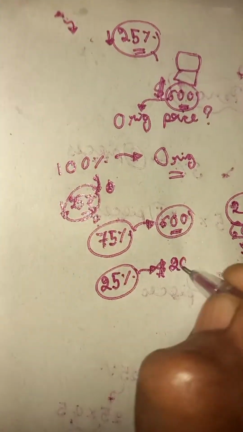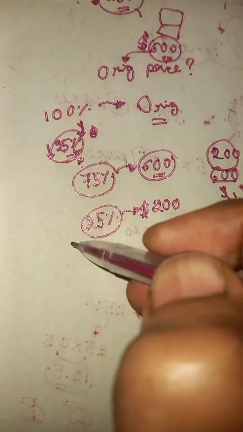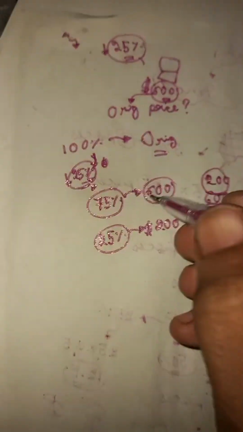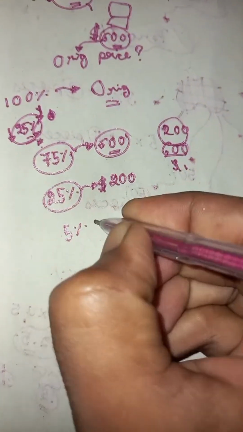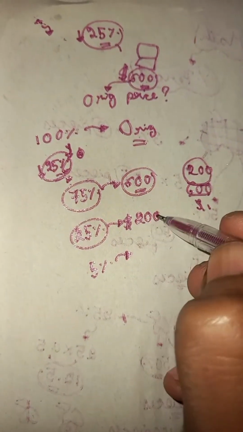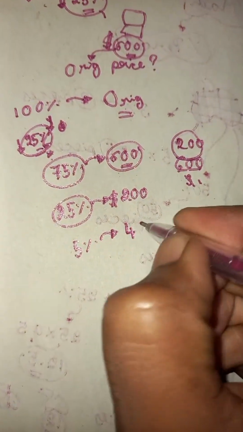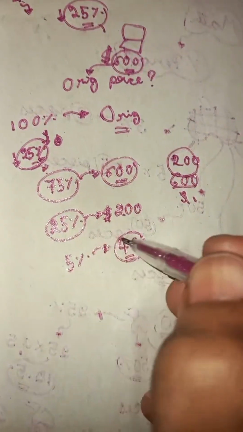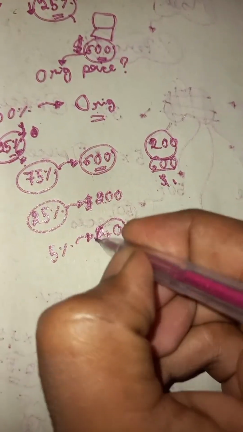Each 25 pieces makes 200 bucks, and dividing again by 5 you get 5%, or 5 pieces. 5 times 4 is 200, so each 5 pieces has 40 bucks.